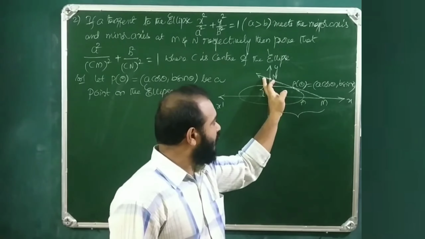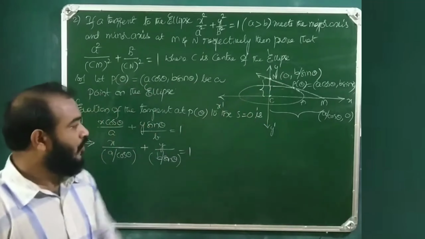And this line cuts the y-axis at N. And what is this N? 0 comma b by sin theta, because on the y-axis the x coordinate is 0. So we got M and N.